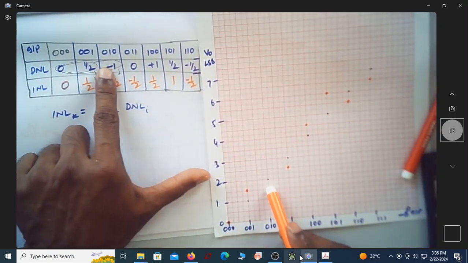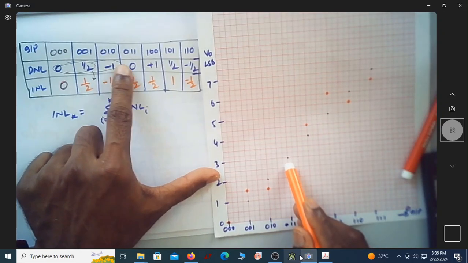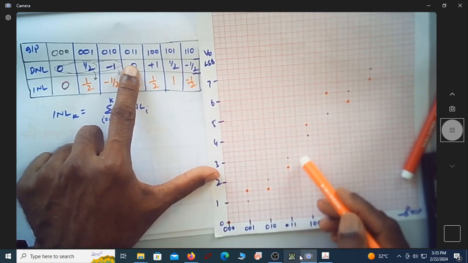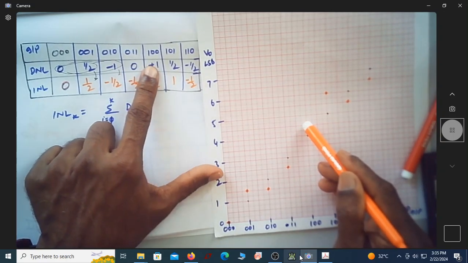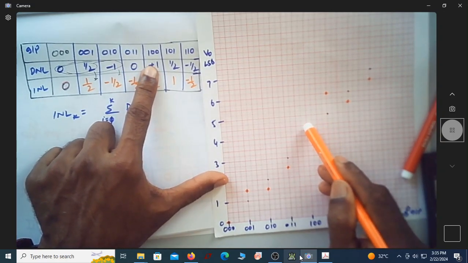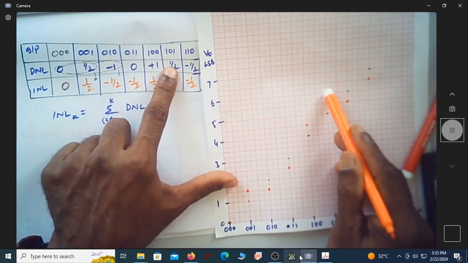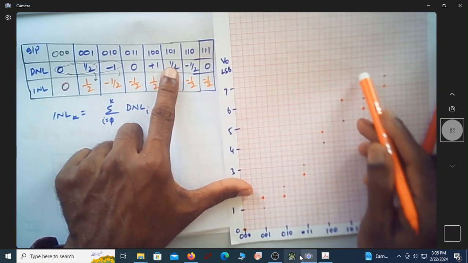And then from here, this would have been here, it's there only, that's why it is 0 LSB. From this, it would have been here, but it is above by 1 LSB, so that's why it is 1. From here, this would have been here, but it is actually half LSB more, so that's why it is half LSB.